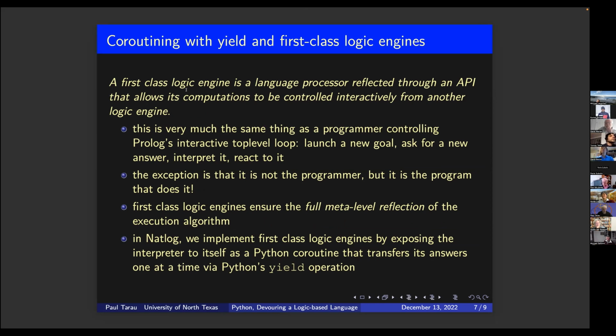A first-class logic engine is just a language processor reflected through an API that allows its computation to be controlled interactively from another logic engine. So very much like a programmer controlling Prolog's interactive loop, except that this time it's not the programmer, but it's the program that does it.